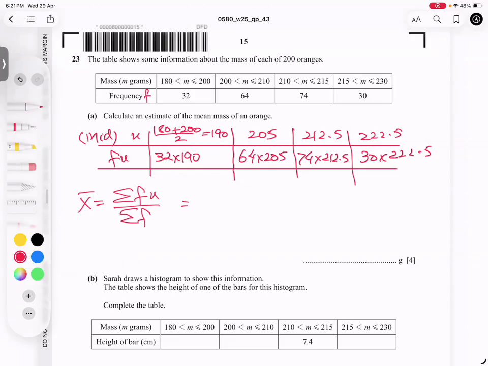Okay, the last number is 30 times 222.5. And I'm getting the answer here, numerator 235 and 175 over 200. And if I divide by 200, students, I'm getting the answer.